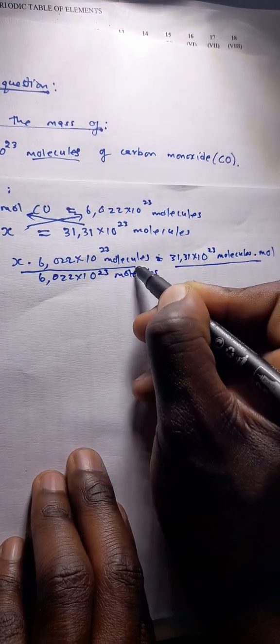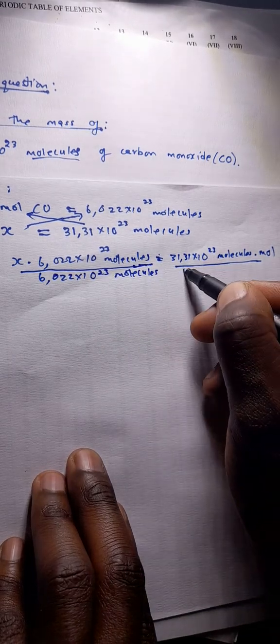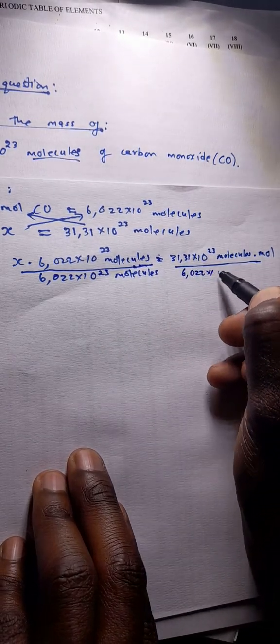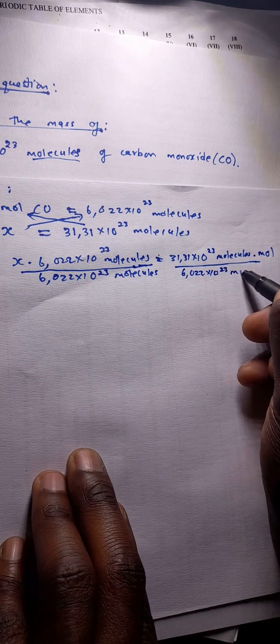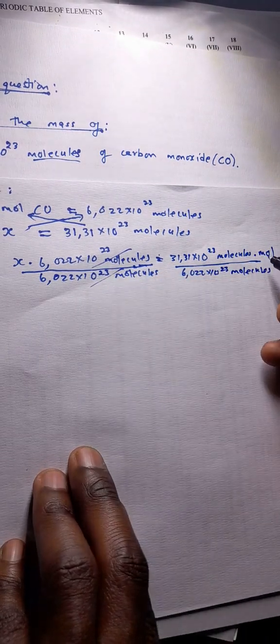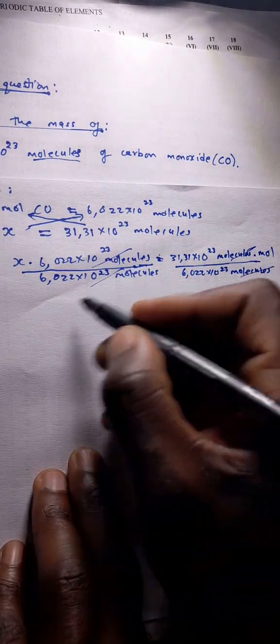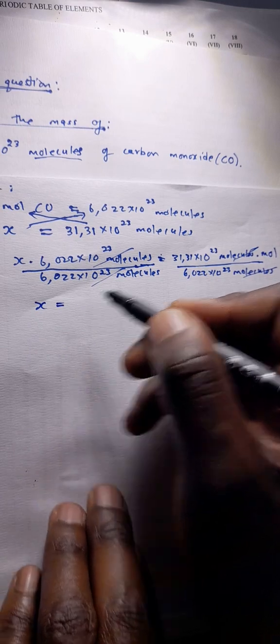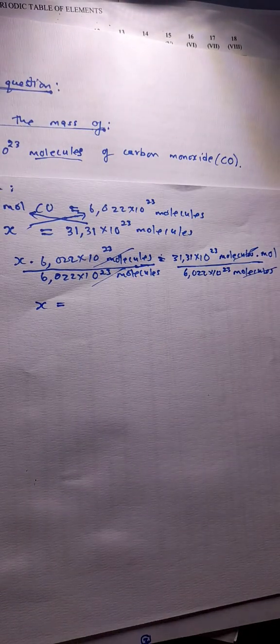So x will be 31.31 times 10 to exponent 23 over 6.022 times 10 to exponent 23. I'm getting my x to be 5.199.